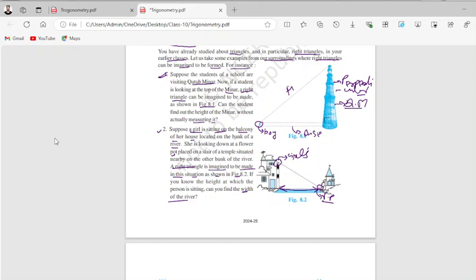Basically here this will be the perpendicular, and this is the adjacent side or base, and this is the hypotenuse. So this phenomenon also makes a right angle triangle.